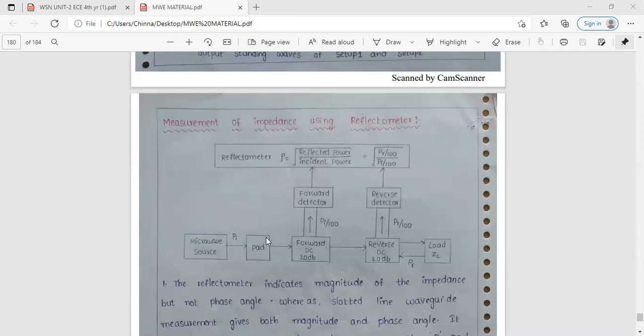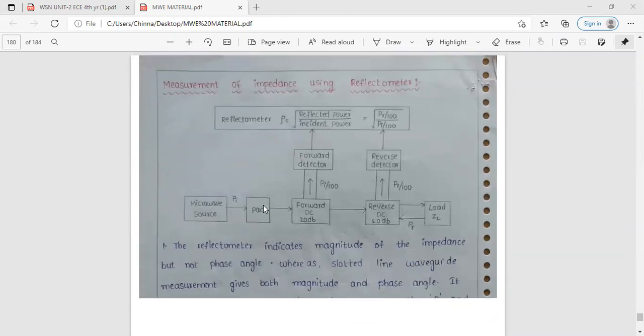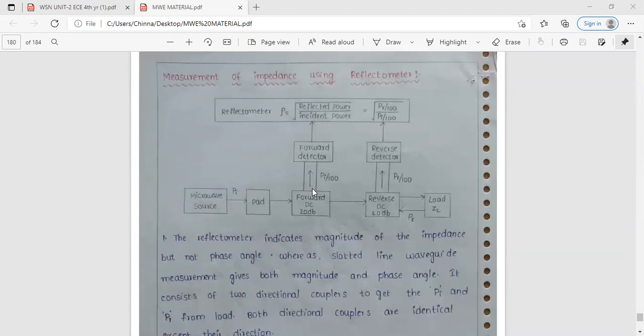Okay, reflectometer. So here we are using the reflectometer. The reflectometer indicates the magnitude of the impedance but not the phase angle, whereas the slotted line waveguide measurement gives both magnitude and phase angle.